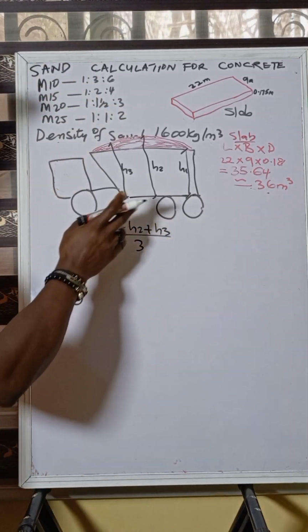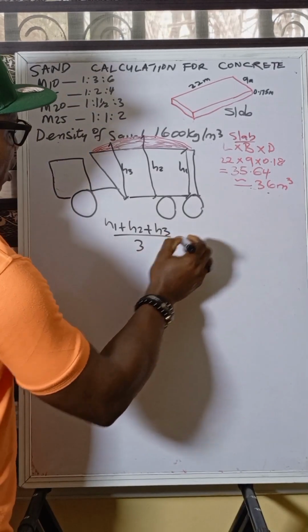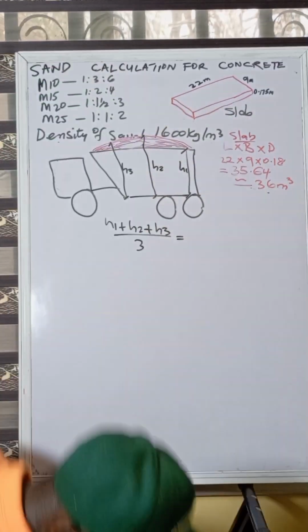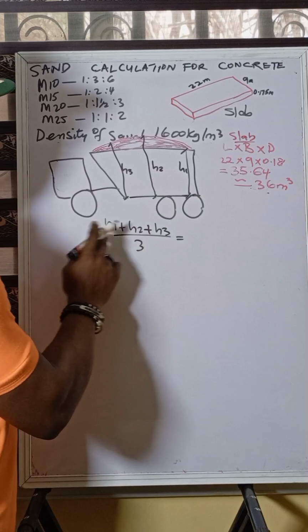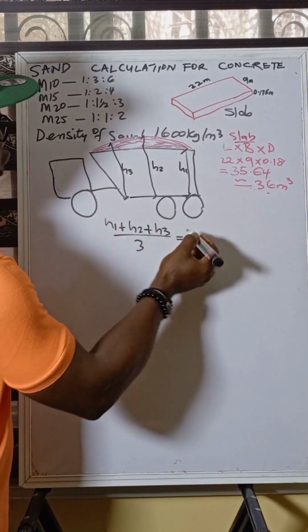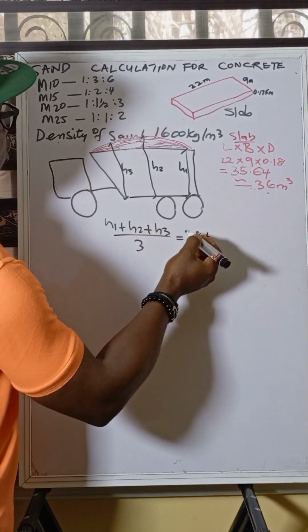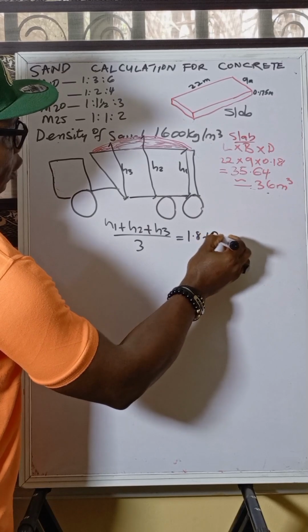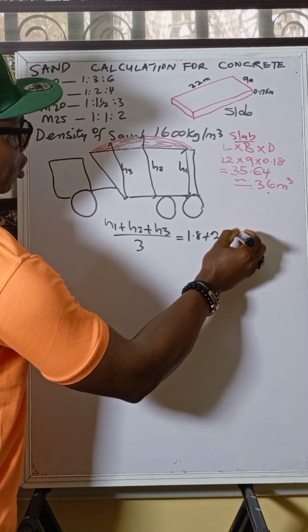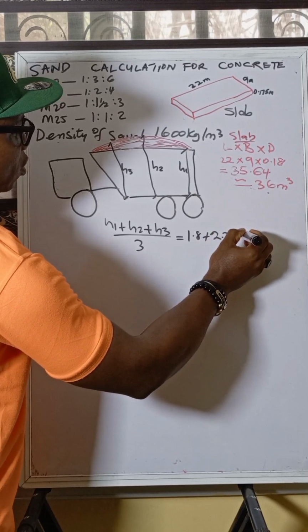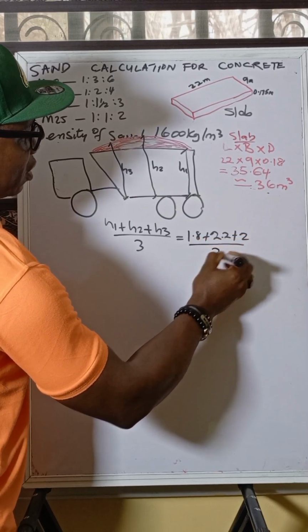You are trying to find the average of the height. Let's say H1 is 1.8 meter, H2 is 2.2, and H3 is 2 meter, over 3.